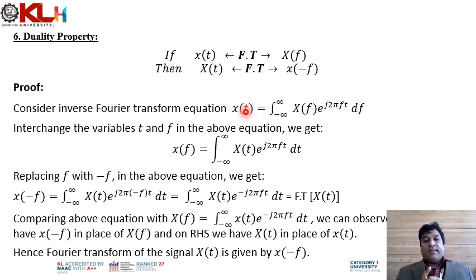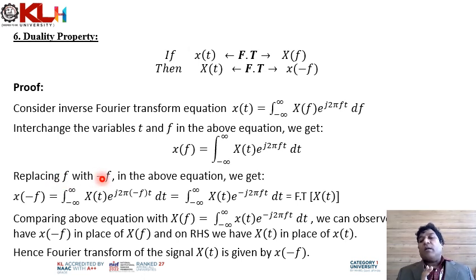So here t is there, we replace t with f, so you get small x of f. Now the integral is as it is. Here it is capital X of f, we replace it with t, so you get capital X of t. And here e power j 2 pi f t, we replace f with t and t with f, we again get the same factor. Then df becomes dt. Next we are going to replace f with minus f.